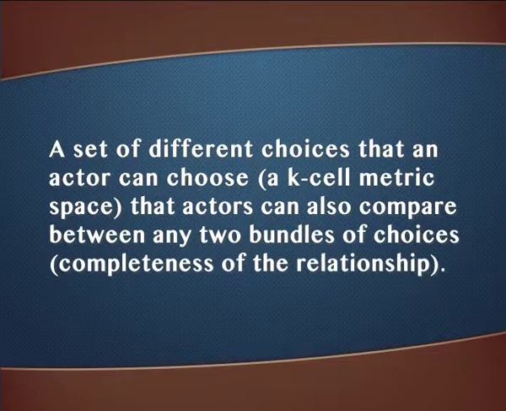Completeness of the relationship. Microeconomic analyses are conducted mainly through imposition of additional constraints on the preference relations, or even relaxation of the above stated assumptions, although such relaxation makes the problem much harder to analyze.